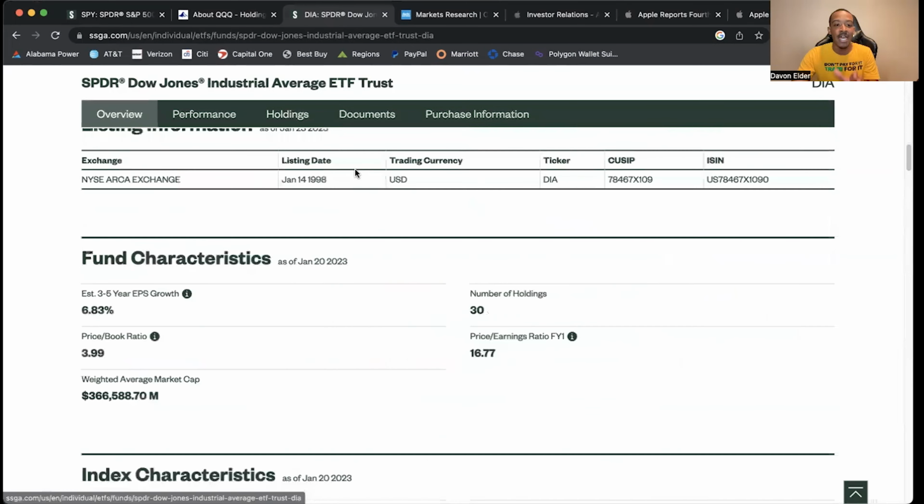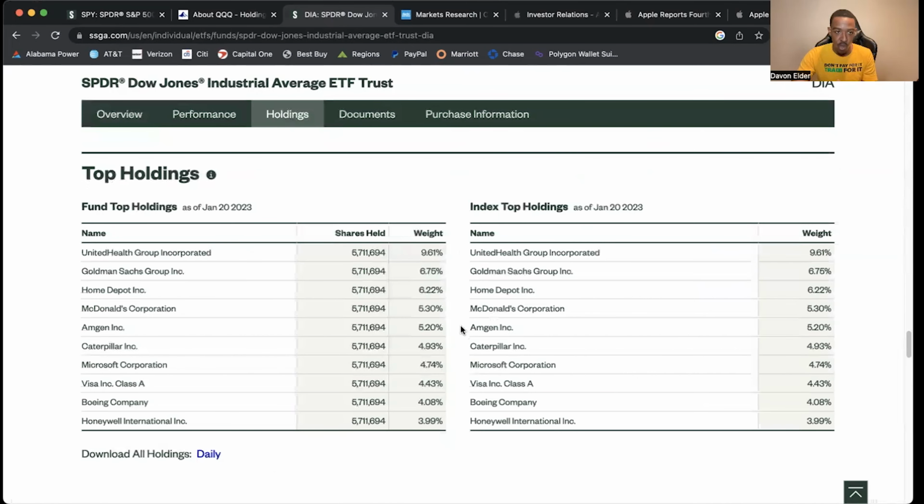Let's look at the top 10 holdings of this ETF. We have United Health Group, Goldman Sachs, Home Depot, McDonald's, Amgen, Caterpillar, Microsoft, another familiar name, Visa, Boeing, and Honeywell International.